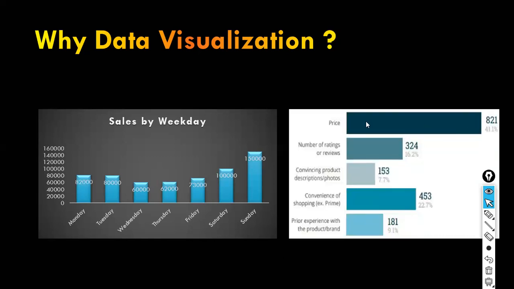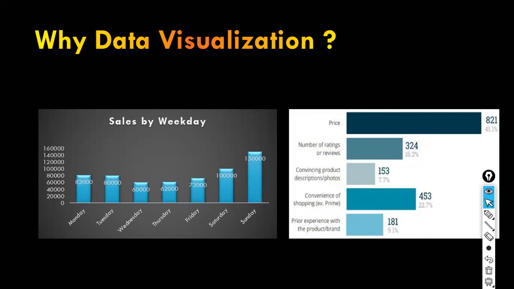Look at this other example. In this case, we did some kind of analysis. We plotted the data here. So if somebody is asking you, let's say last time you made a purchase on Walmart or Amazon, what was the biggest factor in your decision?